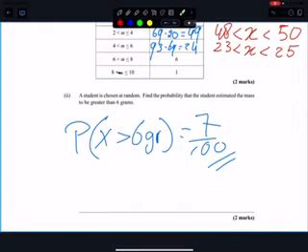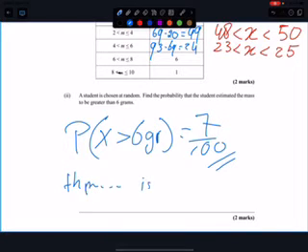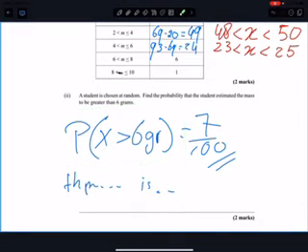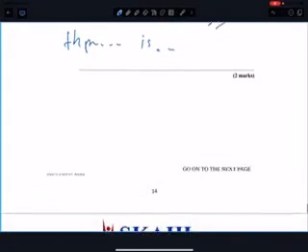You have to write either the probability equals that or this. More than 6 grams. Yes? Do not only write a fraction. 2 marks.